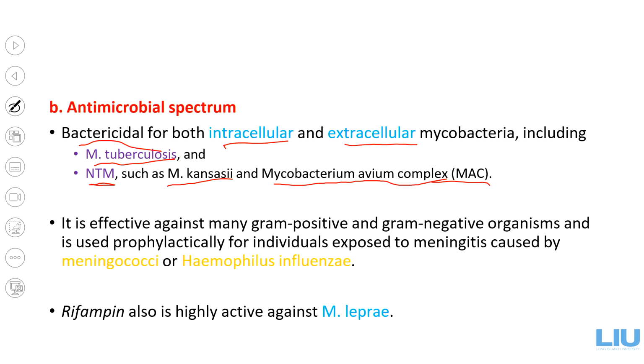So it has activity on the gram-positive and gram-negative organisms. It could also be used as a prophylactic for people who are exposed to meningitis caused by meningococci and Haemophilus influenzae. But again, you don't have to memorize the spectrum.